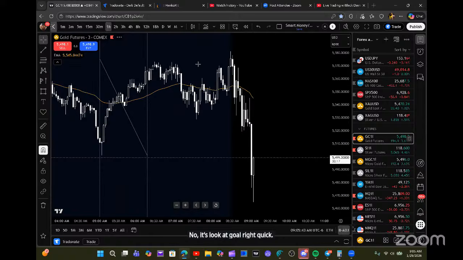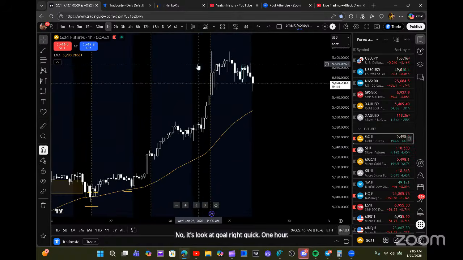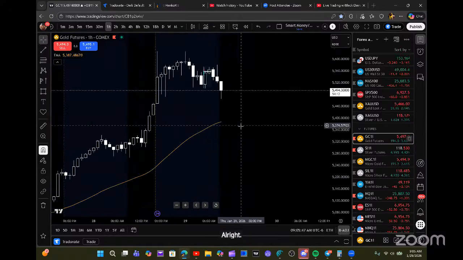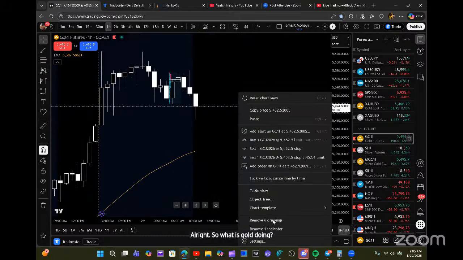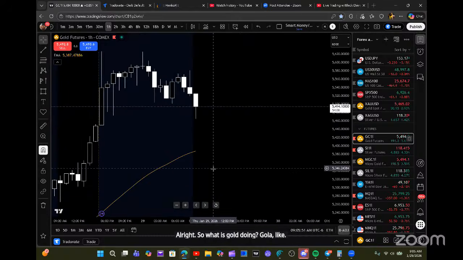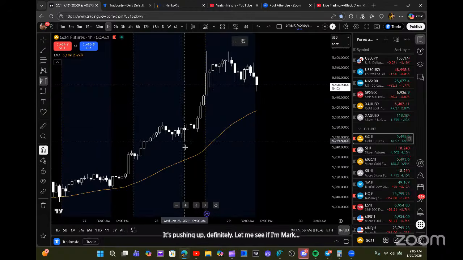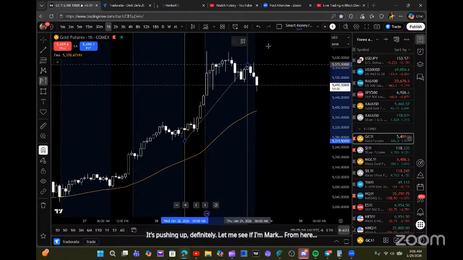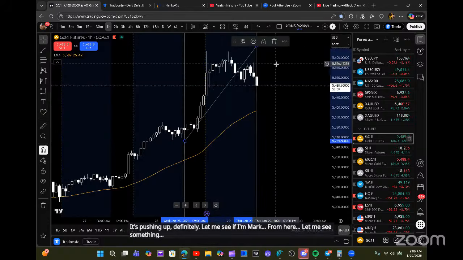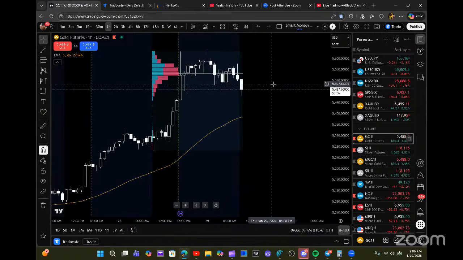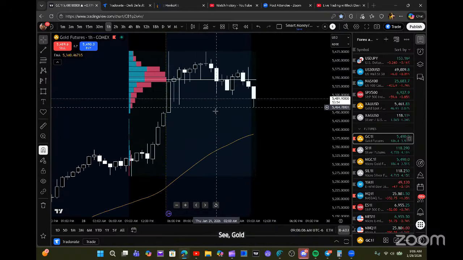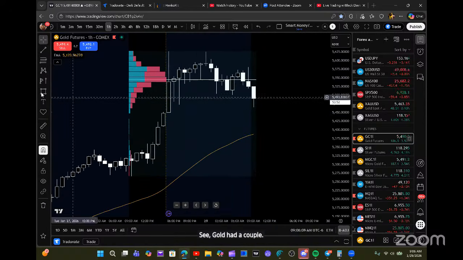1 hour. All right. So what is gold doing? Gold looks like it might be doing some of the same. It's pushing up, definitely. Let me see if I mark from here. See, gold had a couple. It had a real empty one right here with nothing.